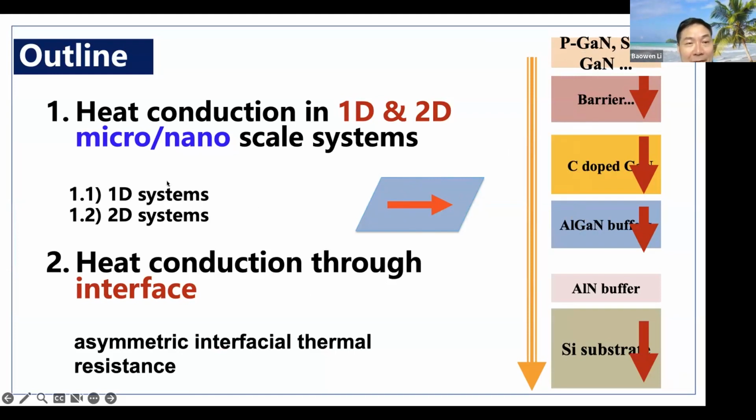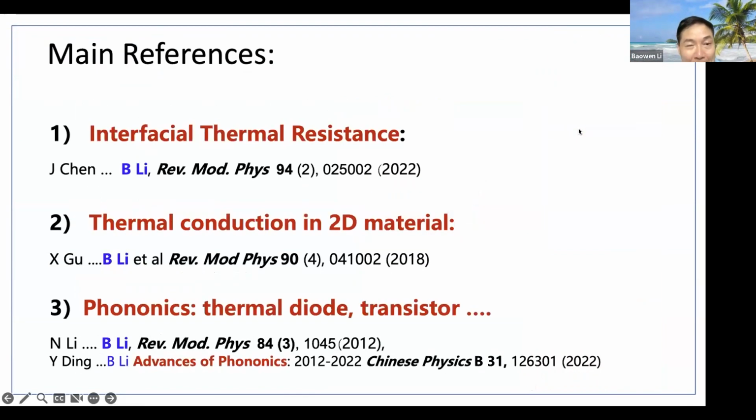So this is my talk. In the first part, I'll go through heat conduction in 1D and 2D systems. The second part will go through how the heat goes from one layer to another layer, because we have an interface here for realistic materials, and the thermal resistance in two different layers is different, which means you have an interfacial thermal resistance.